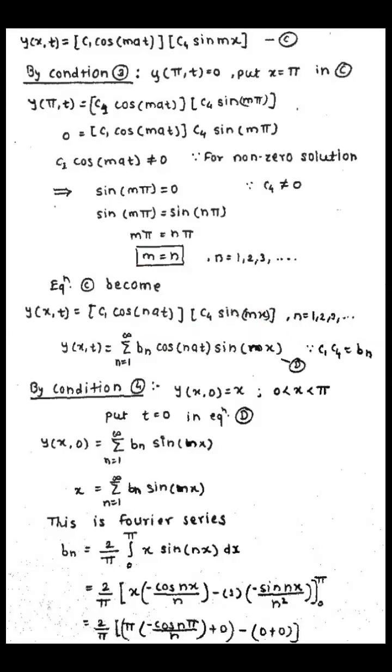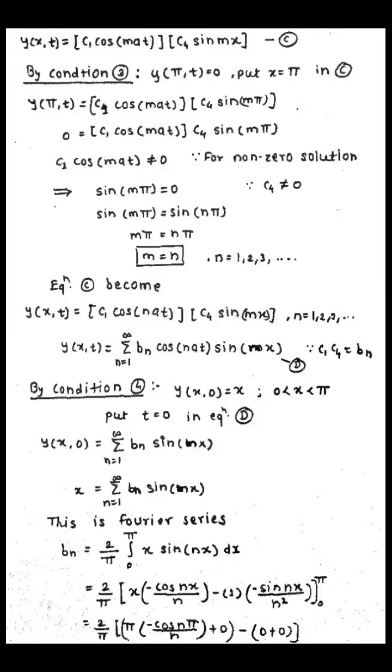Now put the fourth condition, y(x,0) equals x, where x lies between 0 and π. So we need to put t equal to 0 in equation D. We obtain y(x,0) equals the summation of bn sin(nx), where the summation is for all values of n from 1 to infinity.